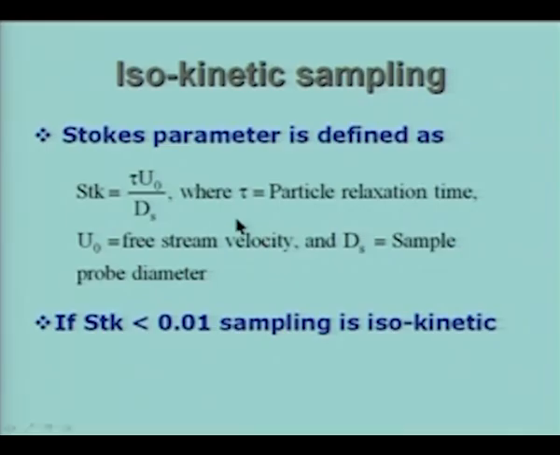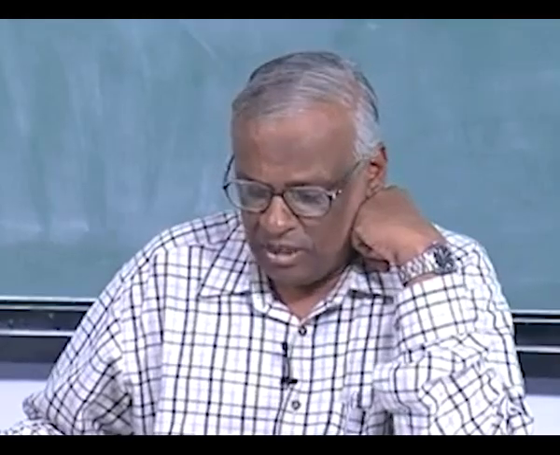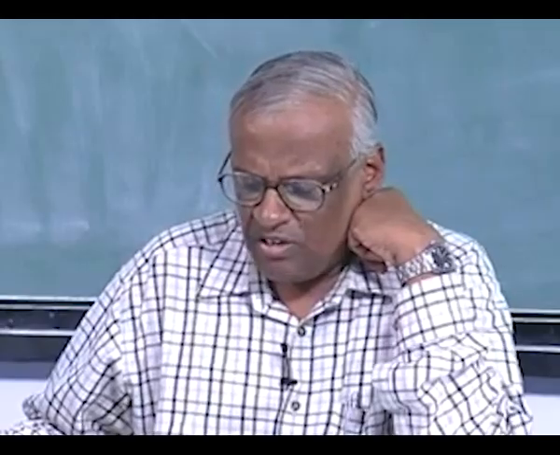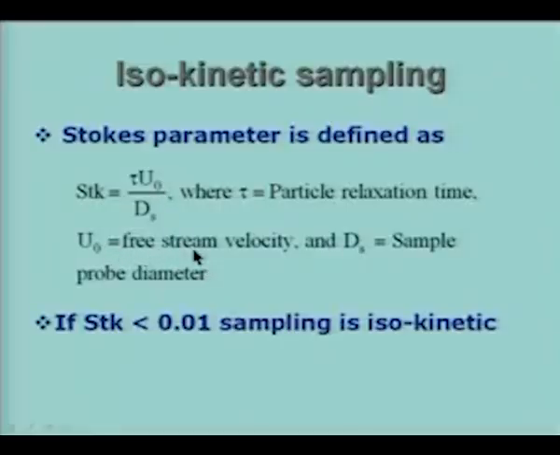Let us look at what is called the Stokes parameter. This plays an important role in this. The Stokes parameter, STK, is given as tau, where tau is called the particle relaxation time, I will tell you what it is in the next slide, multiplied by the velocity of the gas stream, u subscript 0, which is called the free stream velocity, and the diameter of the sample probe is in the denominator.